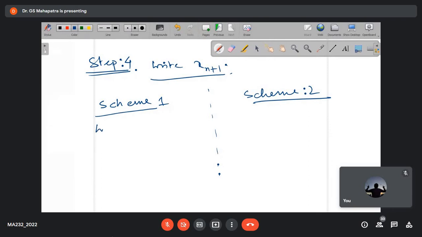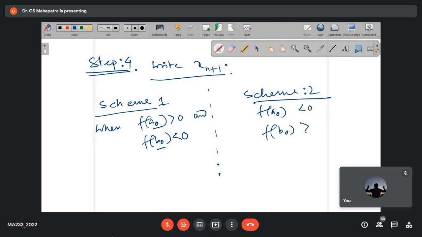When f of a naught is greater than 0 and f of b naught is less than 0, then you choose a naught, b naught. Or else another option, scheme 2: f of a naught is less than 0 and f of b naught is greater than 0.